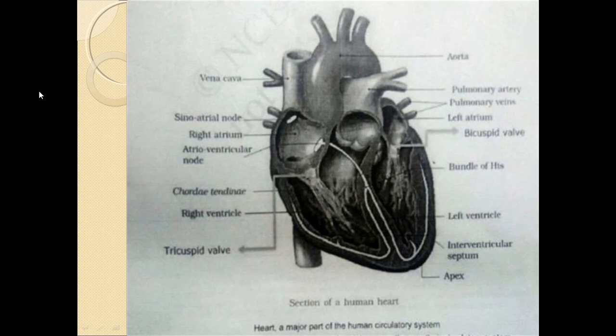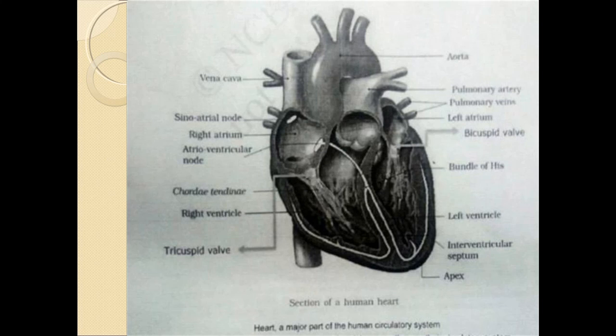The upper chambers are the right atrium and left atrium. The upper 2 chambers we call atria, and the lower 2 chambers are called ventricles: right ventricle and left ventricle.